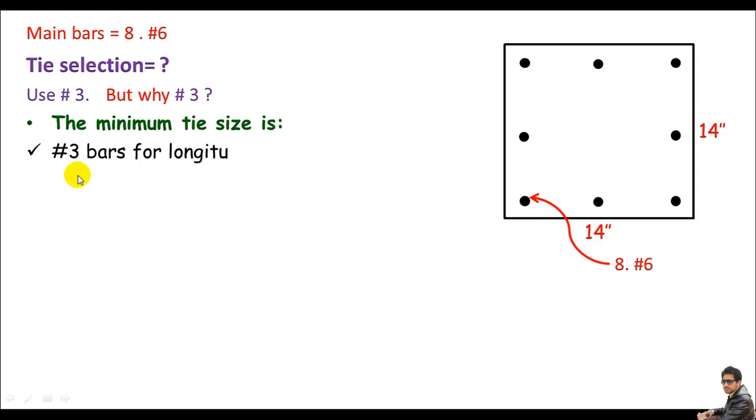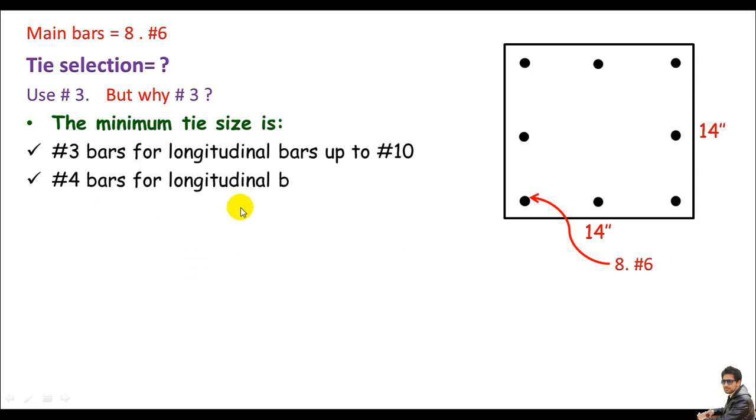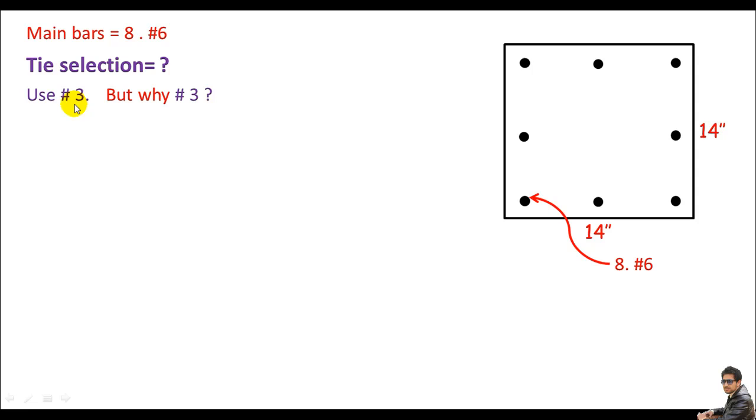Remember, we'll use number 3 bar for longitudinal bars up to number 10, and of course number 4 bar for main bars larger than number 10. Our bar is just number 6, which is of course less than number 10, so I'll use number 3 as my tie, right? And this is quite simple, I think. Does it make sense? Of course.